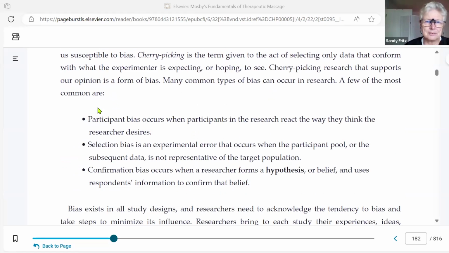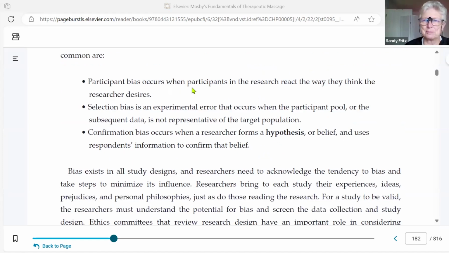So there are common types of bias in research, and it shows up in how we believe about things as well. Participation bias occurs when participants react the way they think the researcher wants them to.